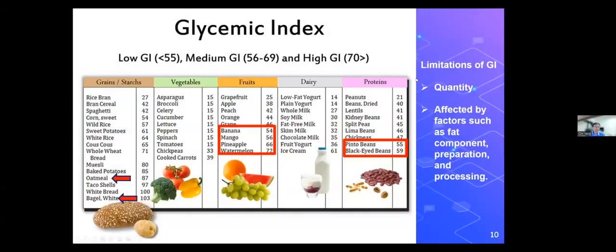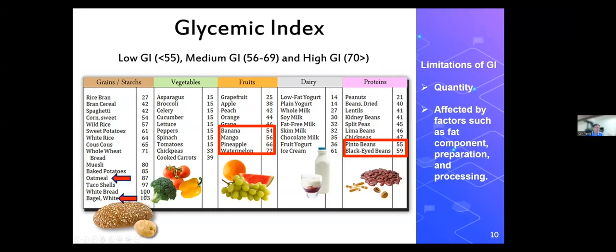These are just examples of high versus low GI foods. Some can be surprising. For example, oatmeal. A lot of people think it is healthy. It is considered healthy, but you can see its GI is as high as 87. Bagel, the GI is 103.